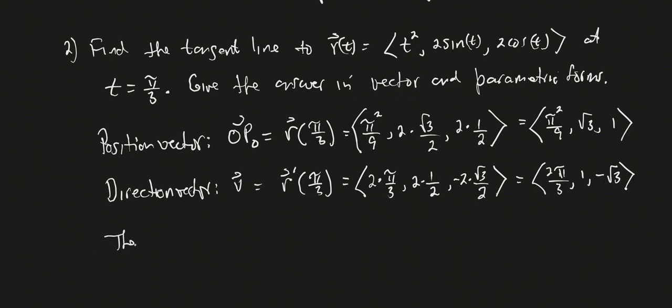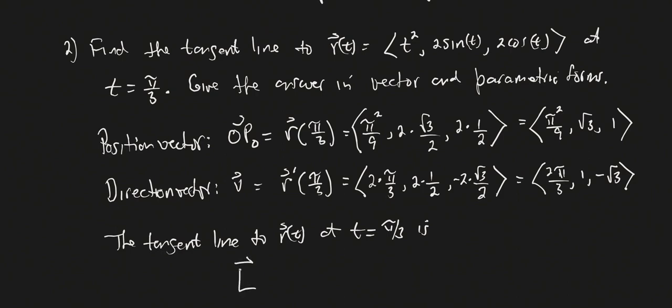All right, so now let's write down the tangent line. The tangent line to r of t at t equals pi over 3 is, I'm going to use L for line, but indicate that this will be a vector.